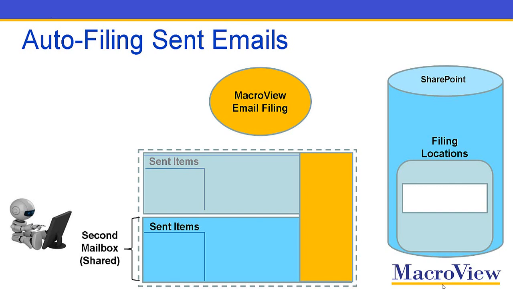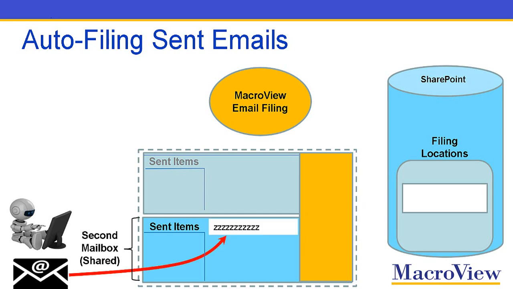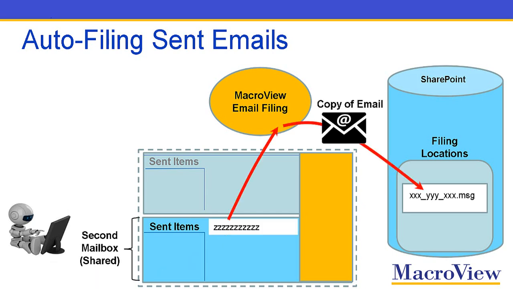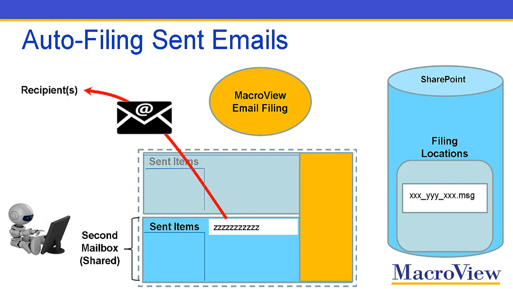Well, all these inboxes and mailboxes can be confusing, so let's have a look at the process diagrammatically. When an email is sent from a shared mailbox, a copy of that sent email is automatically saved to the relevant location in SharePoint by one of the MacroView email filing tools, and the email is sent to the recipient as well.